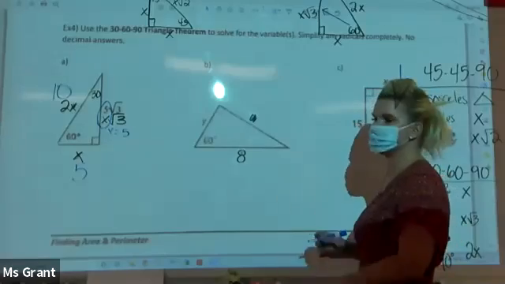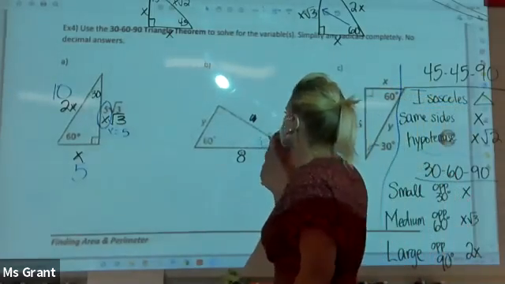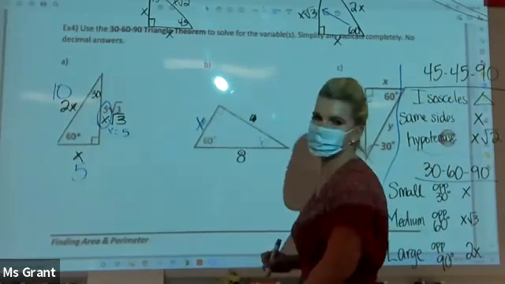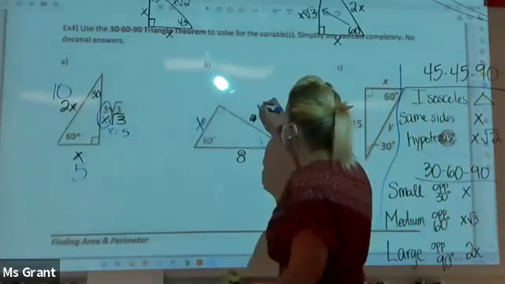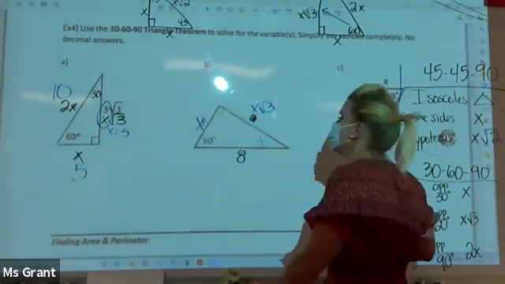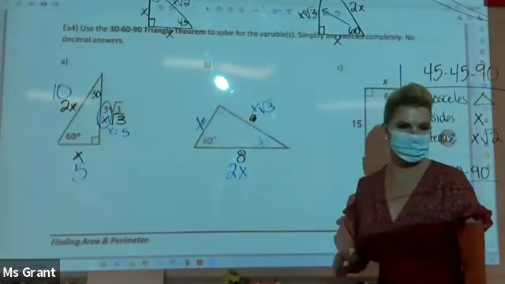All right, B. Opposite my 30 degrees, just please label it X. Forget about that Y, just put an X over it. Opposite 60 is X rad 3. Opposite 90 is 2X.